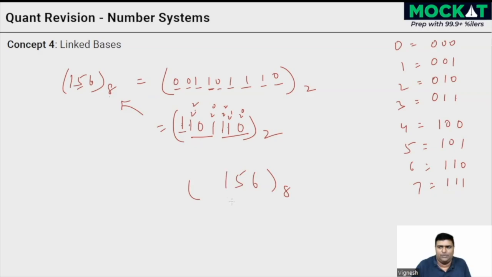And here we just have a 1. This is 156 to the base 8. You can bring it back. So from a larger base to a smaller base, this is going to increase. Smaller base to larger base, this is going to reduce. And this is the way you can go about it. But again, it's a concept, but if it turns up that way, well and good. Very rarely does it turn up this way, right? So that we need to remember.